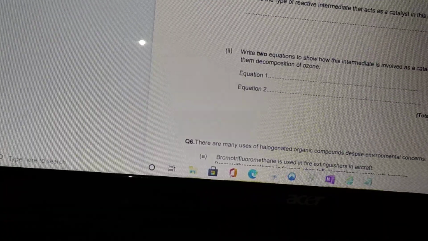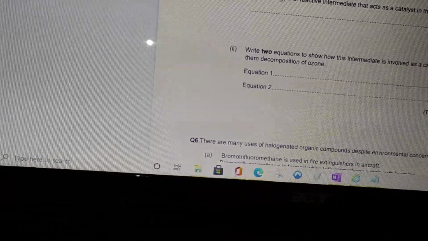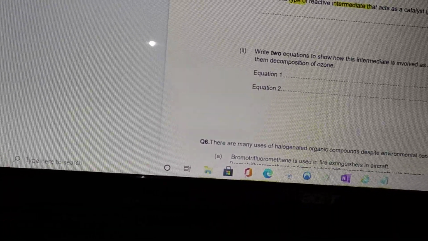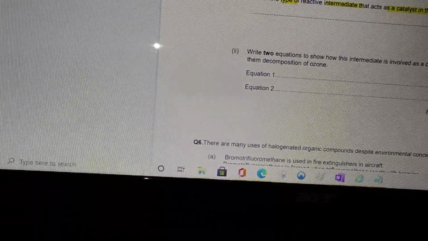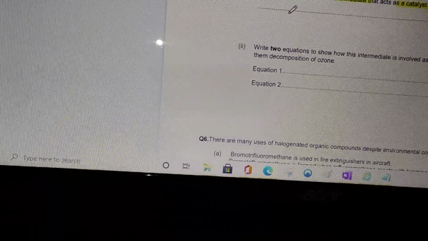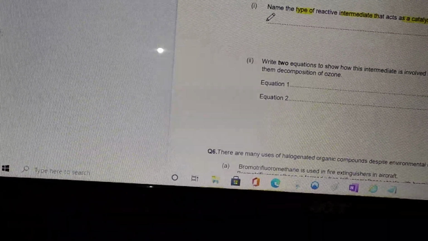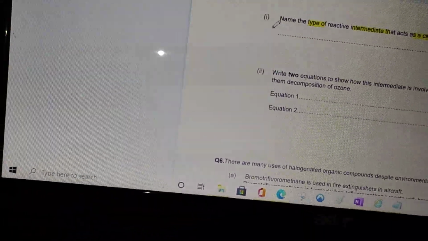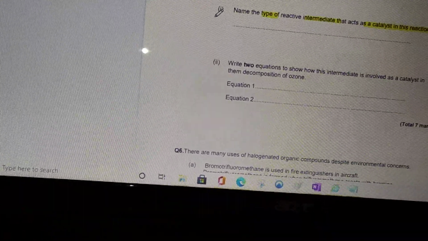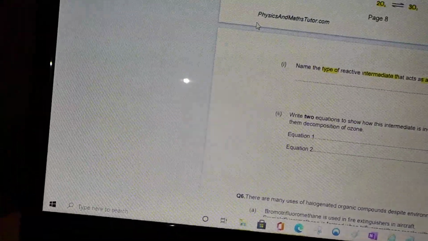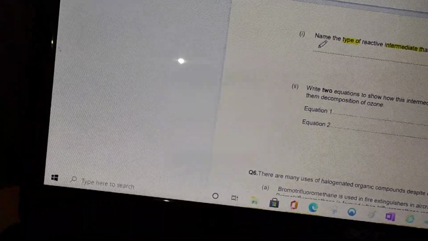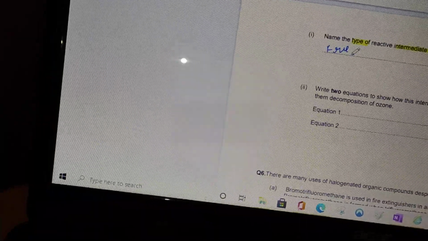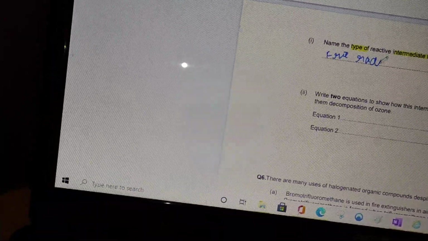Highlight the keywords. Decomposition of ozone. Name the type of reaction intermediate that acts as a catalyst for this reaction. For this, you need to know the reactive intermediate. When I say intermediate, we automatically think it's the free radical. Why?